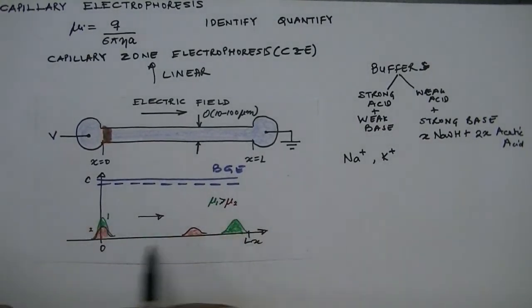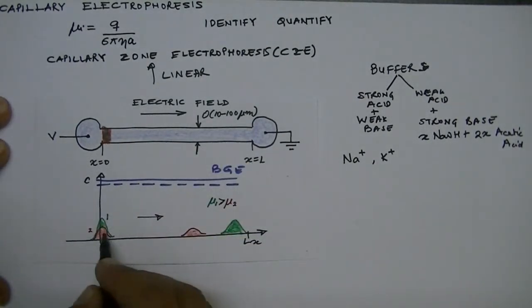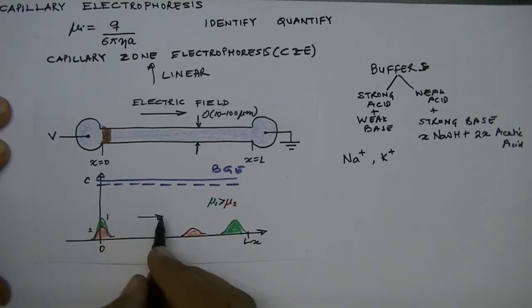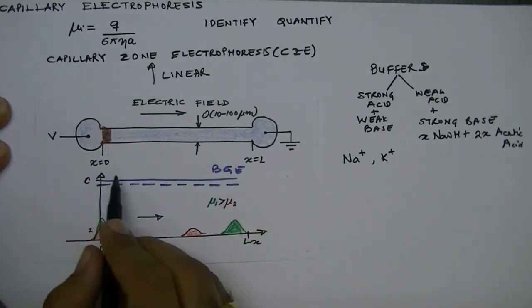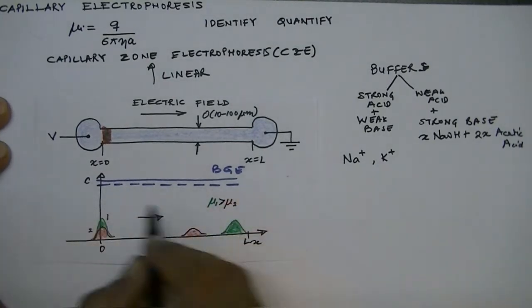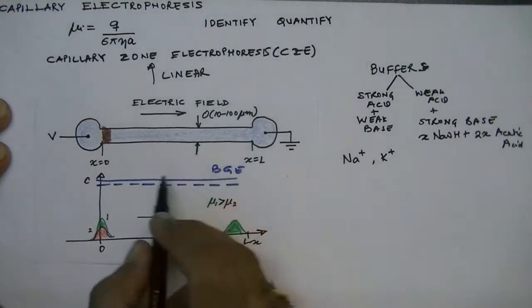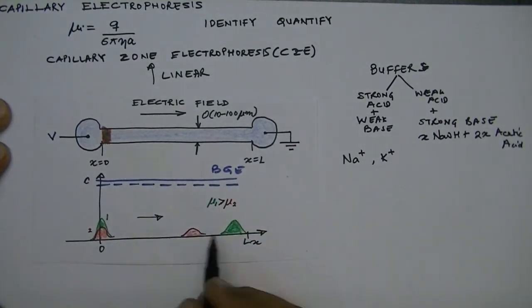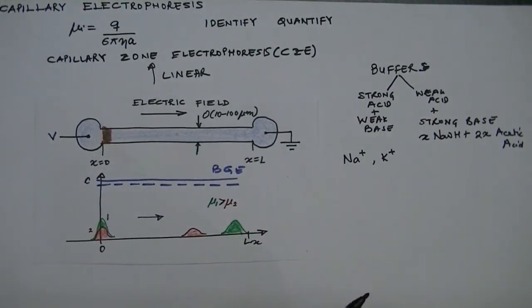This condition is important for zone electrophoresis, because when the concentration of the sample ions is small, the overall conductivity of the solution at every location along the channel does not change. It is governed primarily by the background electrolyte. So at every point the electric field is constant, and the motion of the sample ions does not affect the electric field, and we'll see that this leads to a linear process.